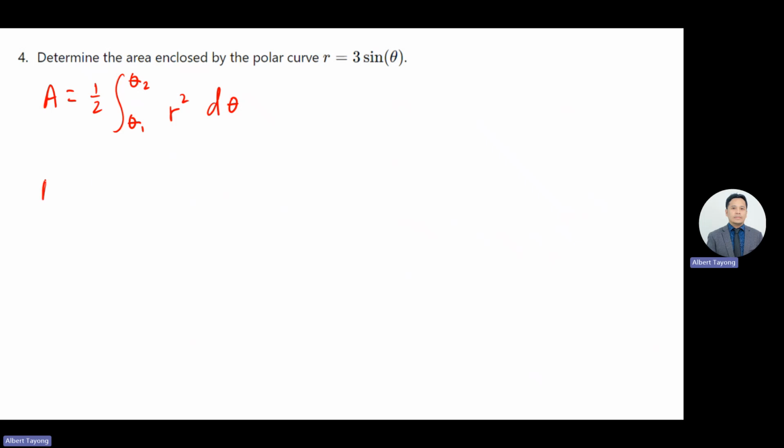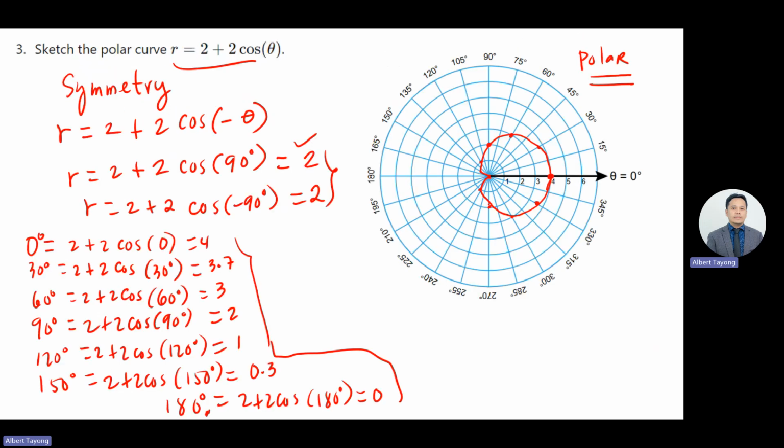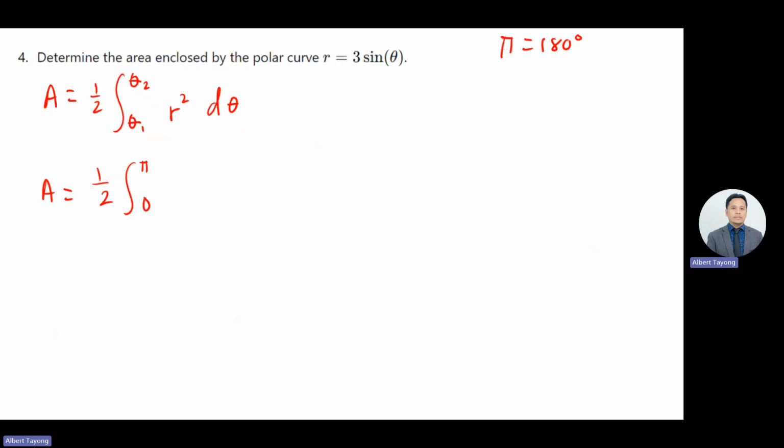So we can immediately solve our A, that is 1/2 from 0 to pi. Usually pi is 180 degrees, like what I did here. We stop at 180. Usually when we talk about a polar curve, we use values from 0 degrees to 180 degrees.